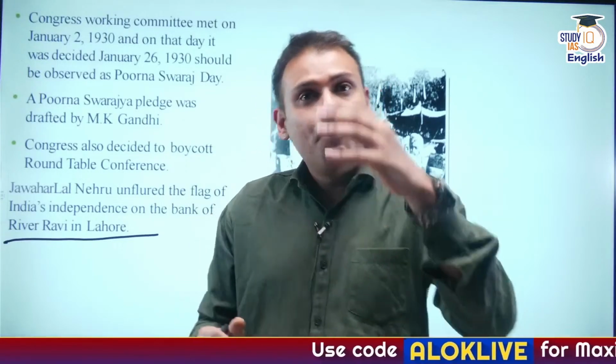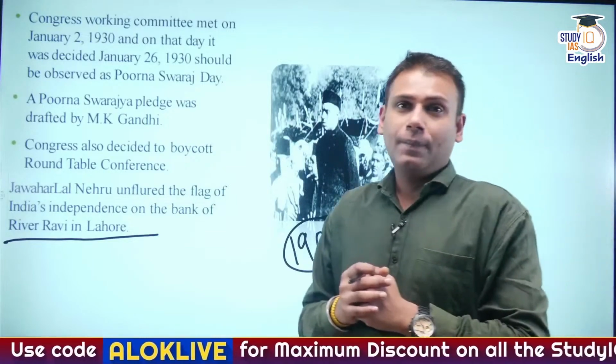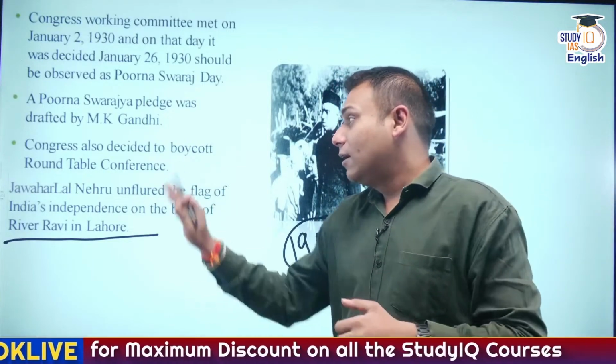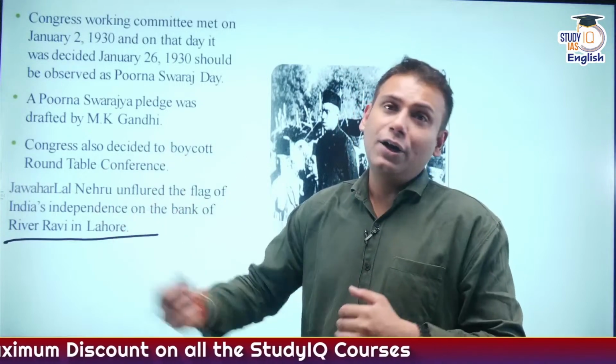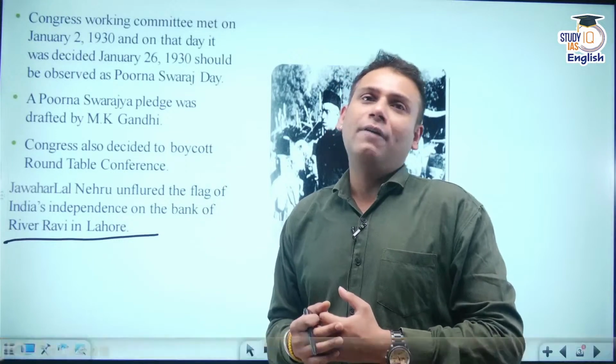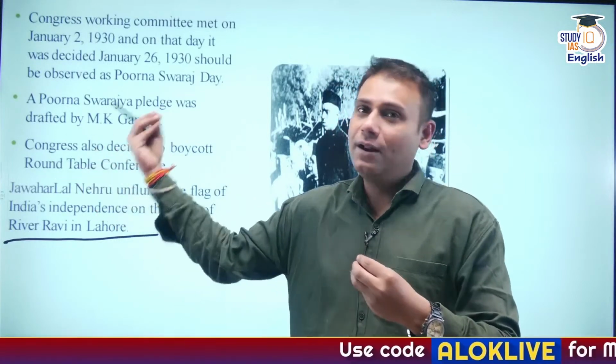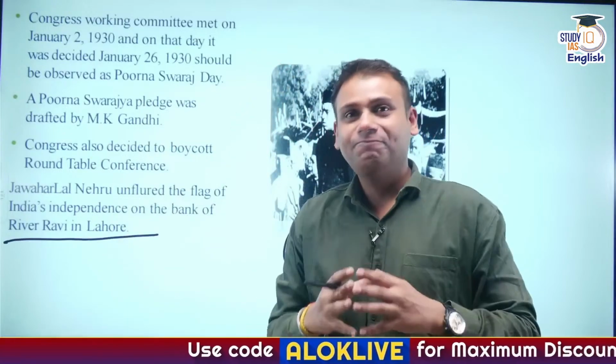Correct? The Purna Swaraj resolution was drafted by Mahatma Gandhi, and Jawaharlal Nehru, the president of the Indian National Congress at Lahore, unfurled the Indian national flag on the banks of river Ravi at Lahore.